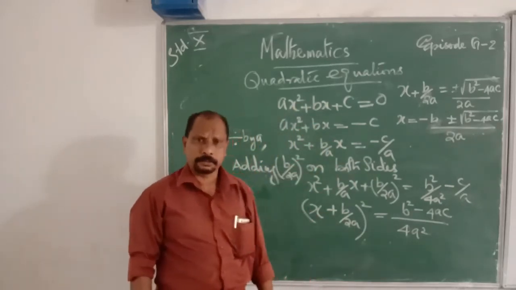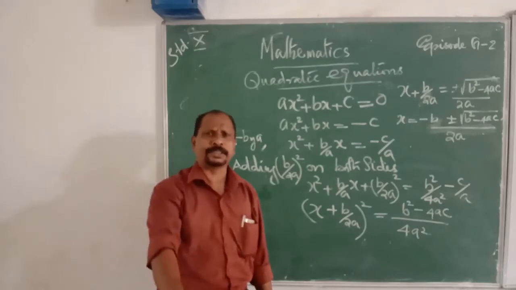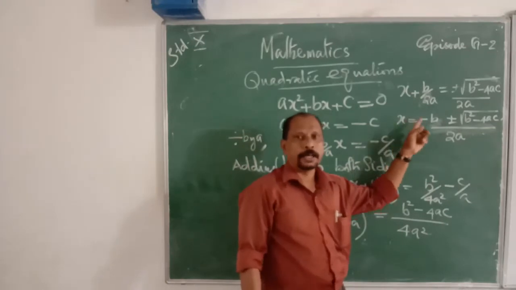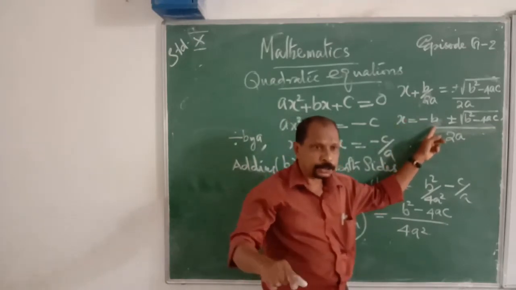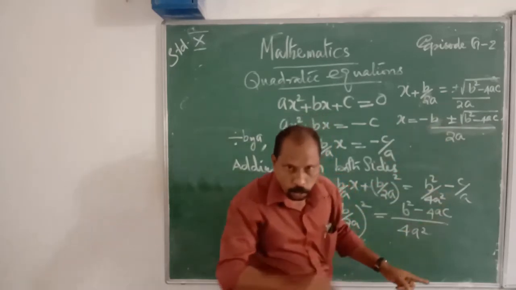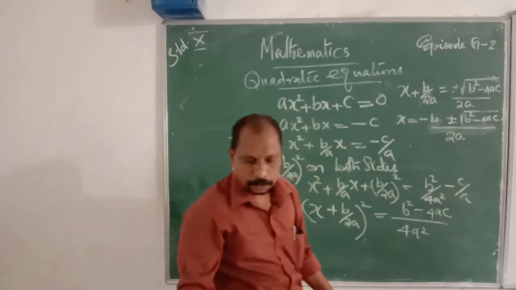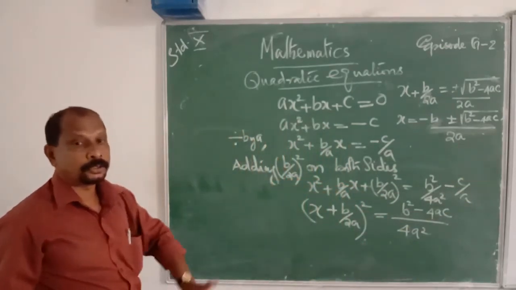And the quadratic formula to find the roots of the quadratic equation is x is equal to minus b plus or minus root of b square minus 4ac, the whole divided by 2a. That is the quadratic formula to find the solution.